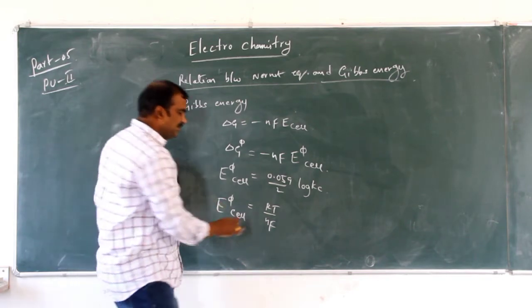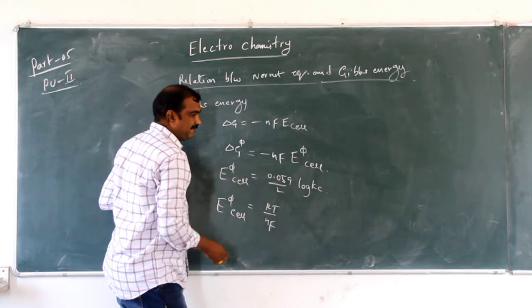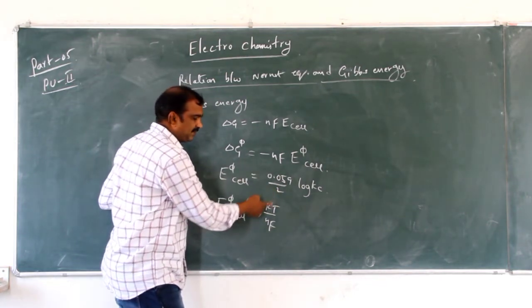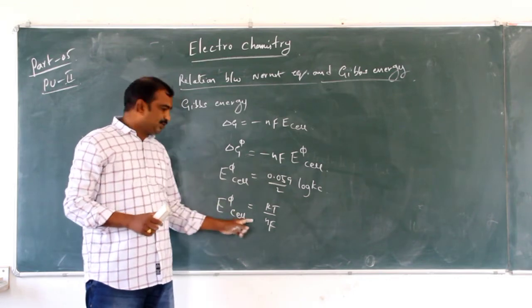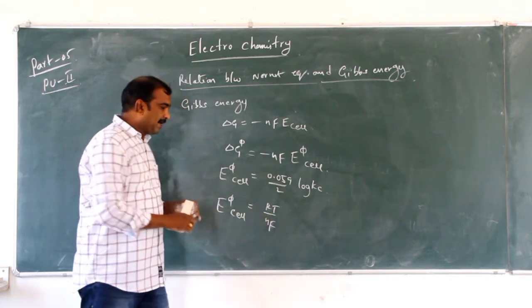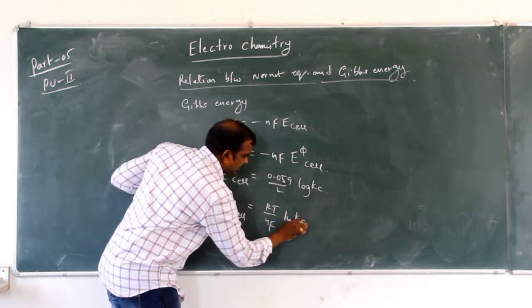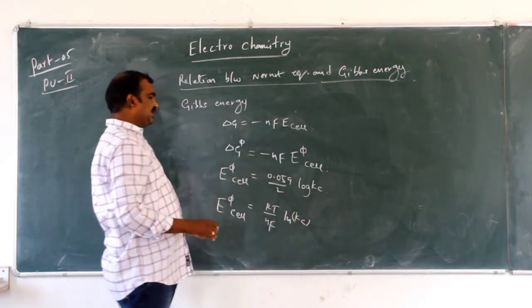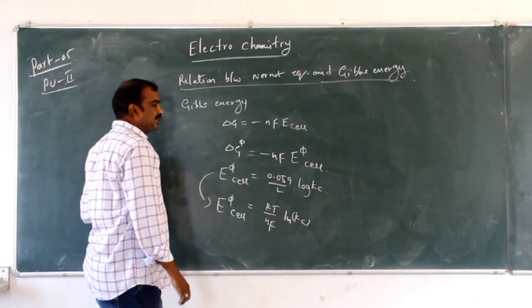So the 2 here, you can write as n, and in the place of nF I am writing it, I am not substituting the 2 here. So E naught cell is equal to RT by nF, and this log becomes ln Kc. Look here, ln Kc. So this changes into this one.